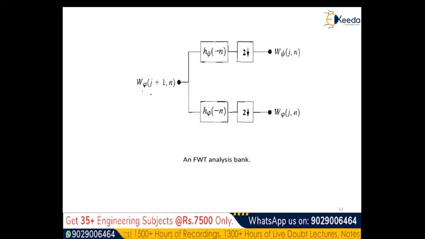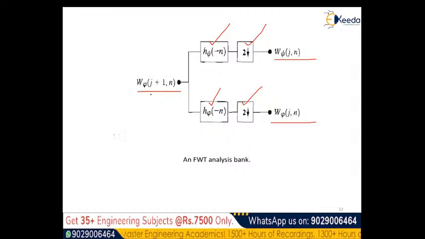You see here at the start we have W_φ(j plus 1, n) here, and we have the two branches leading to W_ψ(j,n) and W_φ(j,n). In the respective paths we have the vectors denoted h_ψ(minus n), h_φ(minus n), along with the downsamplers by the factor 2 here.